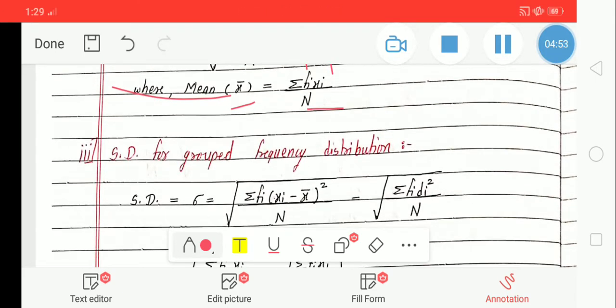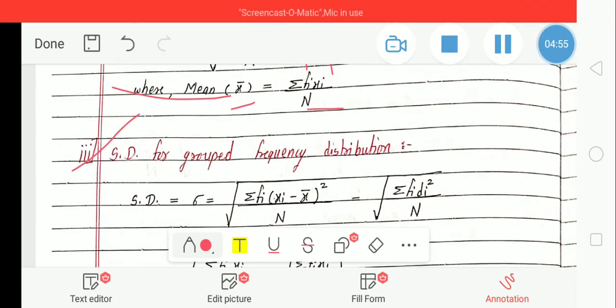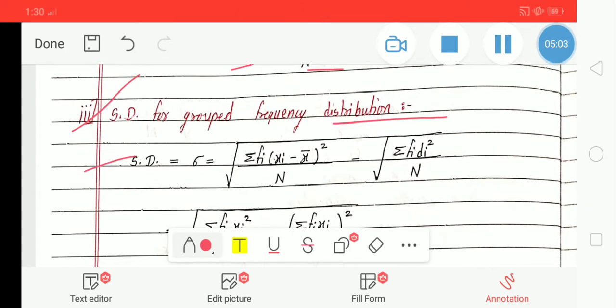This is for ungrouped data. Now standard deviation for grouped frequency distribution. Standard deviation sigma is equal to the square root of the summation of fi (xi minus x bar) whole square divided by n.